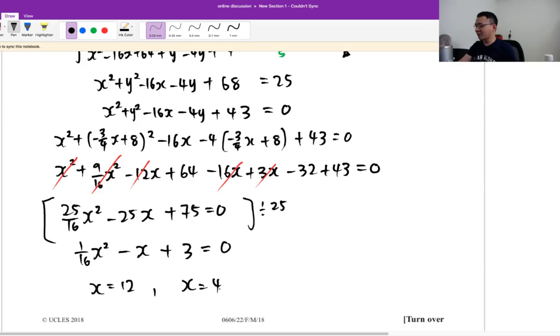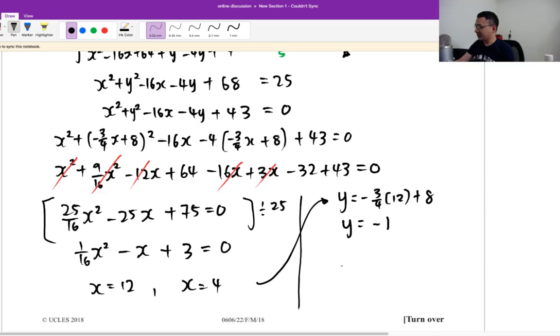Then at the same time I will sub this back into the equation to get my y here. So the y basically is negative 3 over 4 times 12 plus 8. So y should be simplified to negative 1. And then sub the other one. y equals negative 3 over 4 times 4 plus 8. y equals 5. Then you get both of the coordinates.